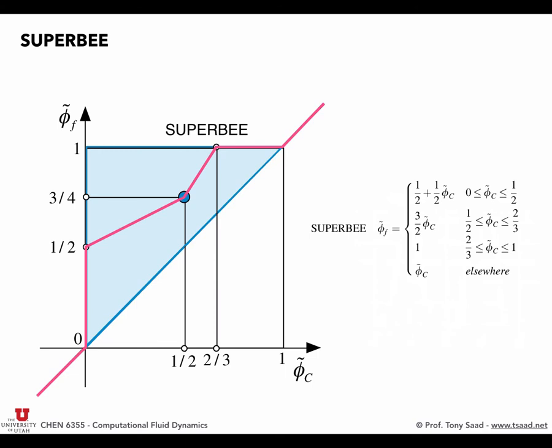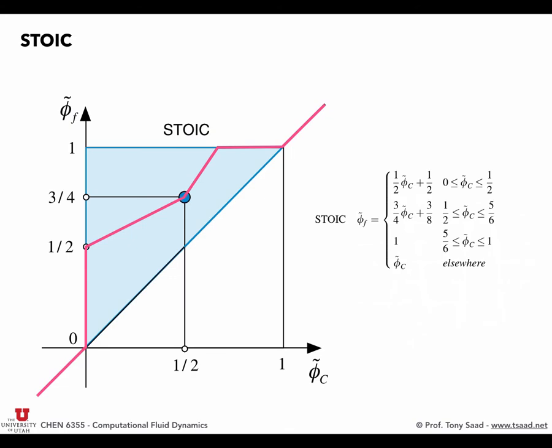When you look at this, when phi c is between the value of 0 and 1/2, we have a certain slope, and then when it's between these two values, it has a different slope, then goes downwind, and then upwind everywhere outside. You want to try to avoid being upwind in this region because you want to maintain second order. You want to try to be as second order as possible. And the STOIC scheme is very similar to SUPERBEE, except it doesn't cut here at 2/3. But it's kind of the same structure. So if you implement one, you can implement the other.